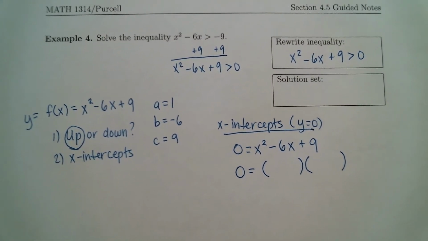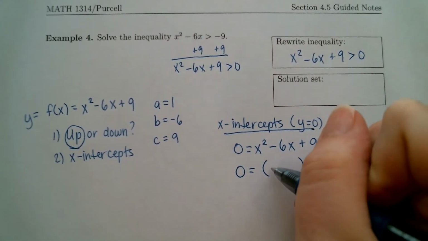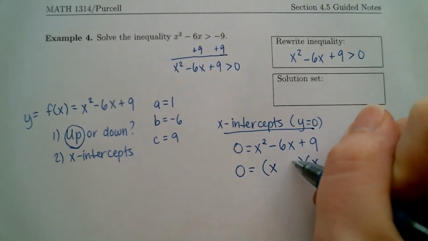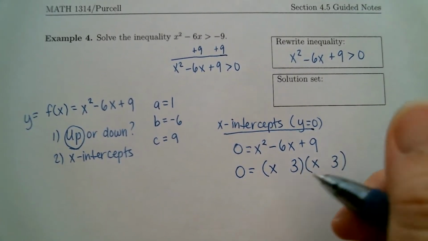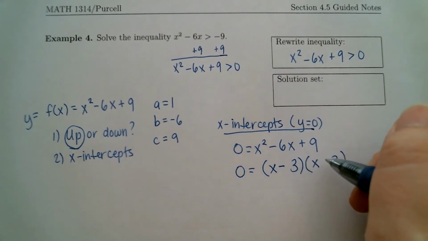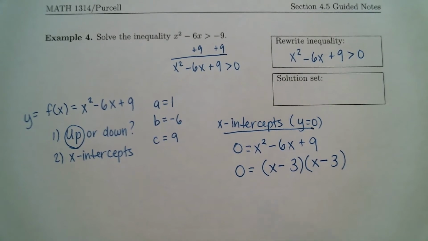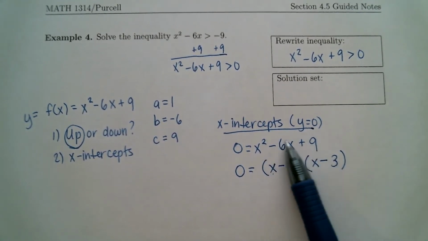The x squared breaks down into x times x, and 9 breaks down into 3 and 3. If you play with the signs, they should both be negative. You can check yourself by multiplying it back out.